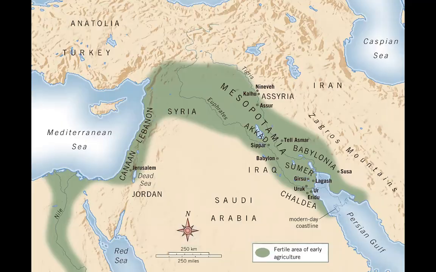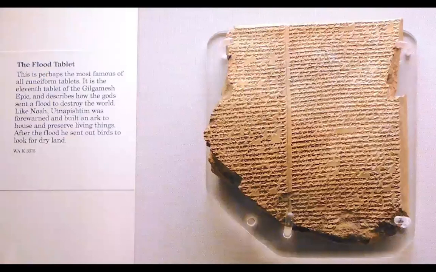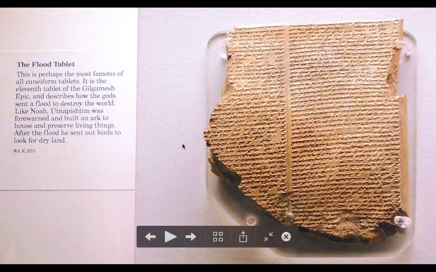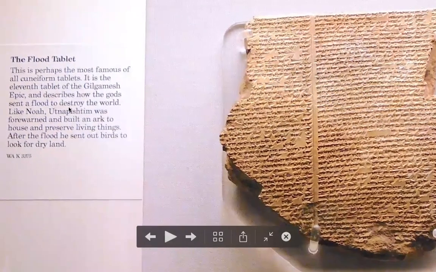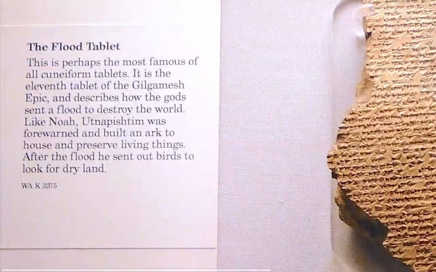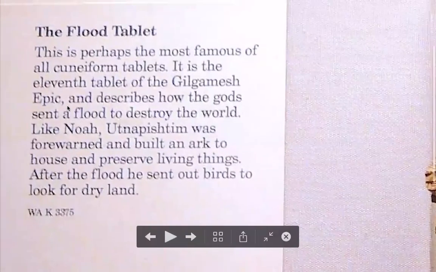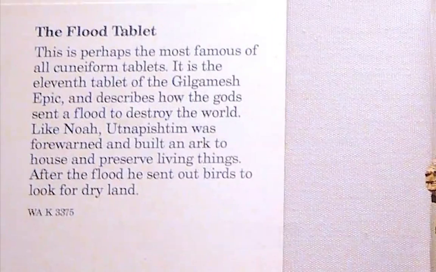So here is famously the tablet that exists in the British Museum. I will just blow this little caption up for you and read it to you. The Flood Tablet. This is perhaps the most famous of all cuneiform tablets.